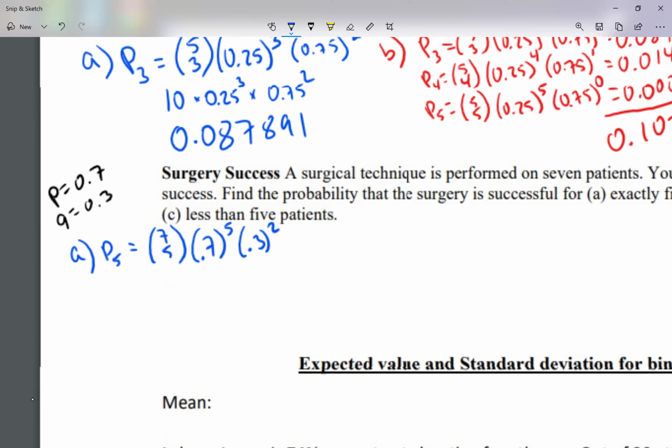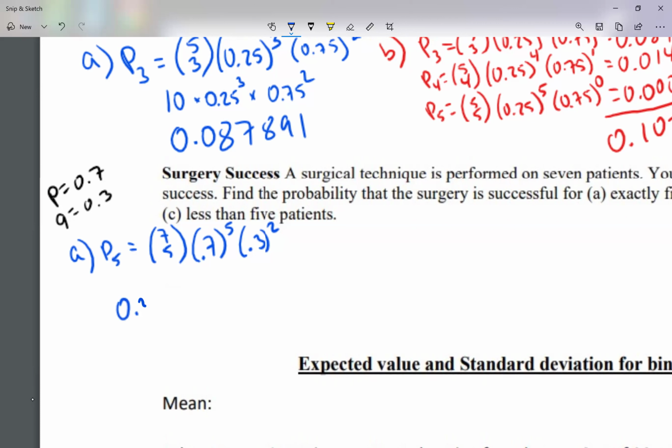Okay, using a calculator, the probability I get 5 right is 0.317652. Okay, not bad.